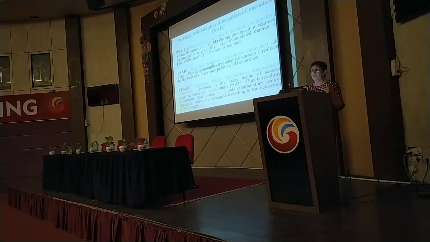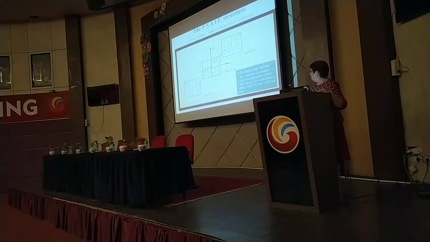As I told you, it's about a family of such controllers. You can see three of them. The first one is the easier, the quasi-self-adaptive interpolative controller, and the last one is the fusion adaptive interpolative. But in the middle, this number is different.